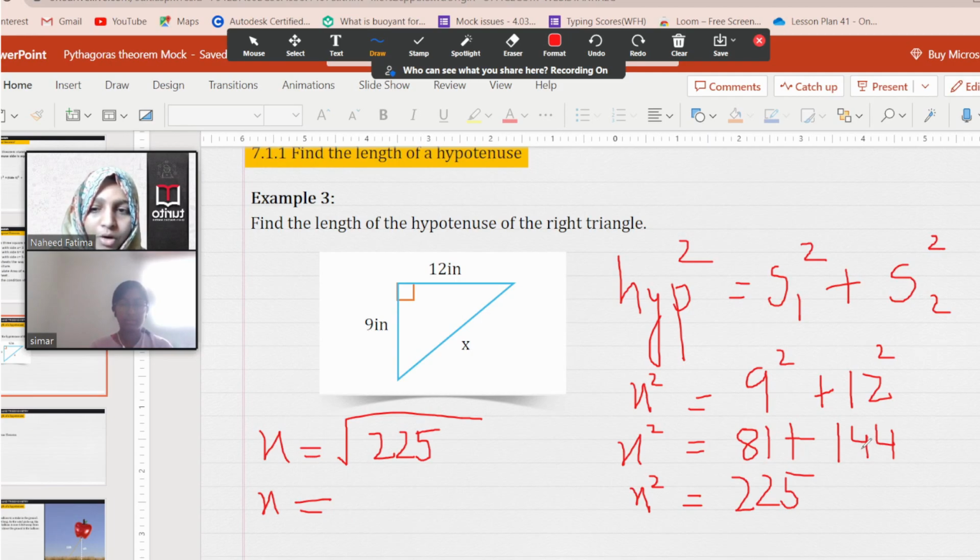12 square was 144. So definitely it is a number bigger than 12. So try. In which number do you get the unit place as 5? Which number, when you multiply with itself, gives you 5 at unit place? That gives you a hint. Is it 25?